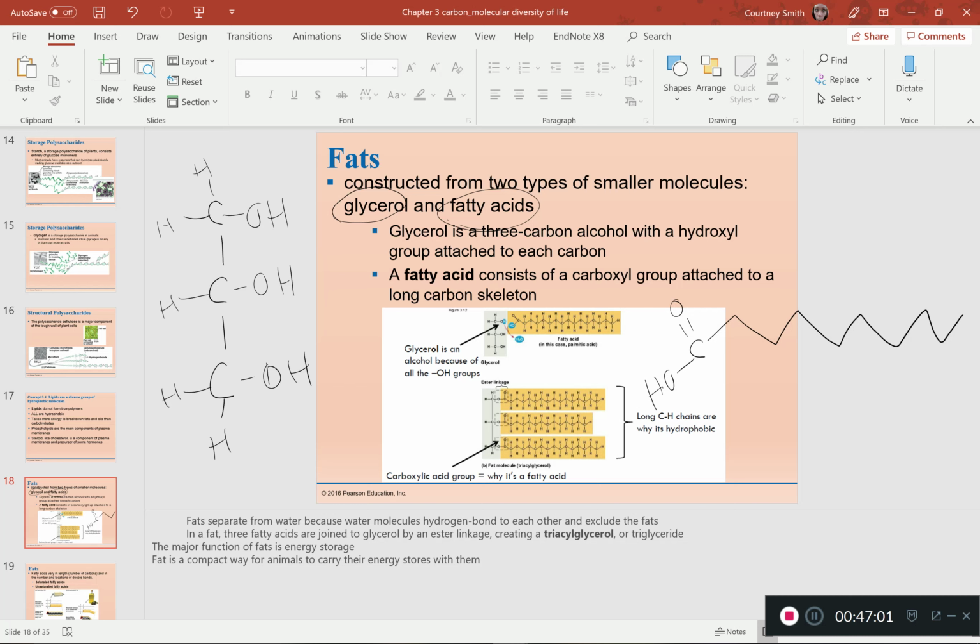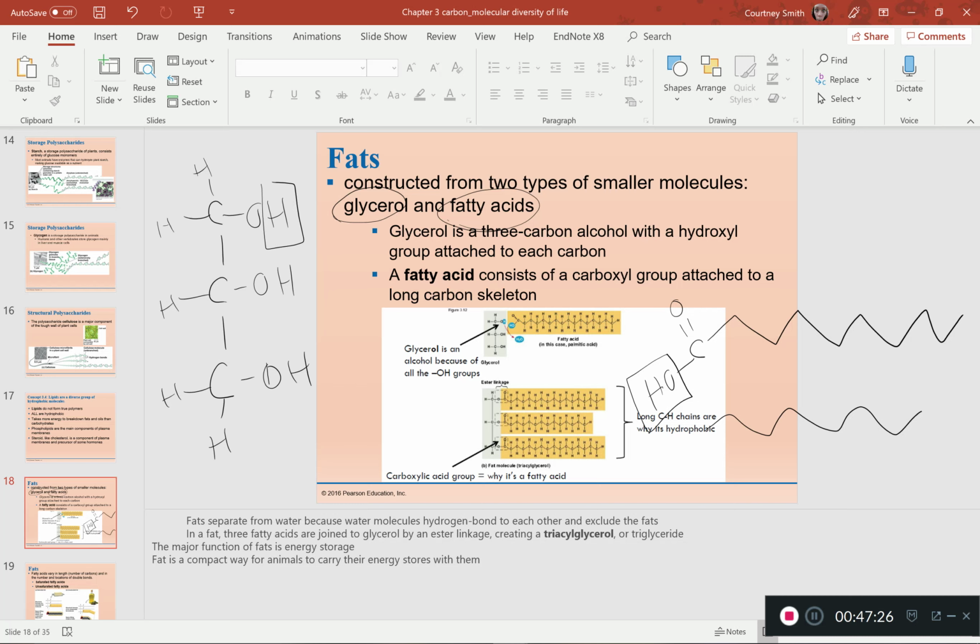And this glycerol will come in contact with this long carbon chain. And then this OH and this hydrogen from each glycerol, so you'll have 3 of them, so you'll have multiples. It'll happen 3 times. And then this hydrogen will pop off.